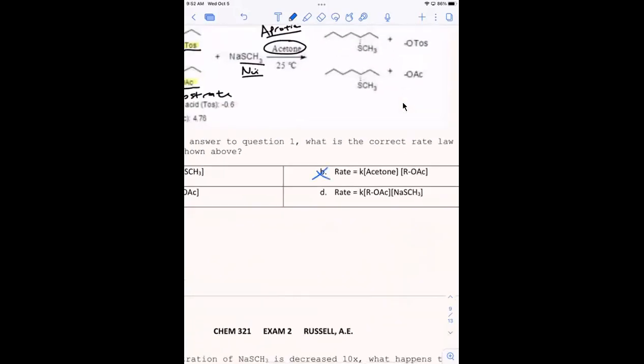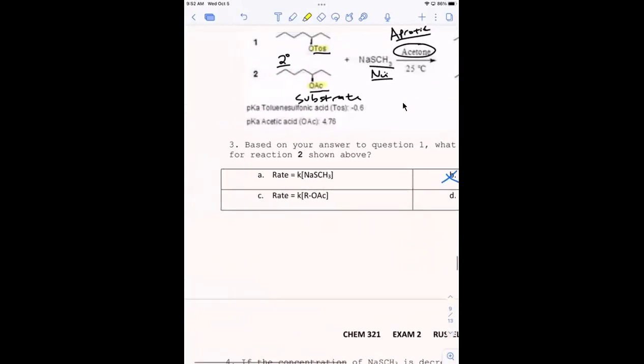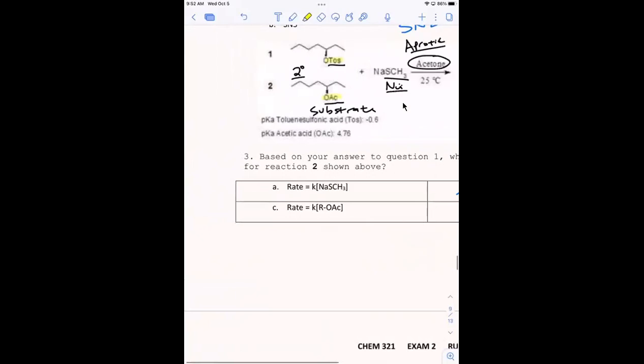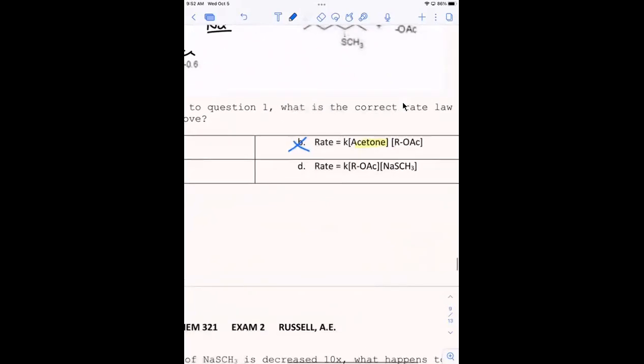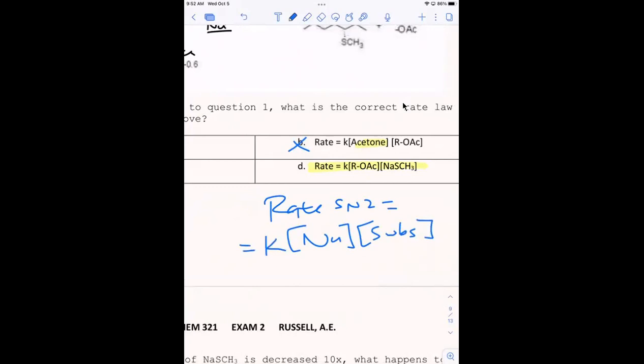It's not B, because that's the solvent, and the solvent does not play a role. It can't be either one of these, because neither includes both the nucleophile and the substrate. So it's here, because the rate of an SN2 includes the nucleophile, but for SN1, the rate isn't affected by the nucleophile. Right, exactly. All right, we're going to stop here.